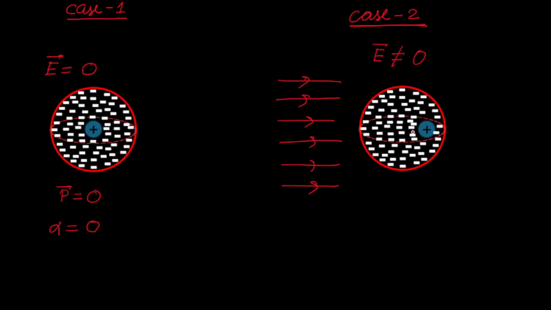You can see now the center of the negative charge lies at the center of the sphere, but because of this external electric field, the positive charge got a displacement.